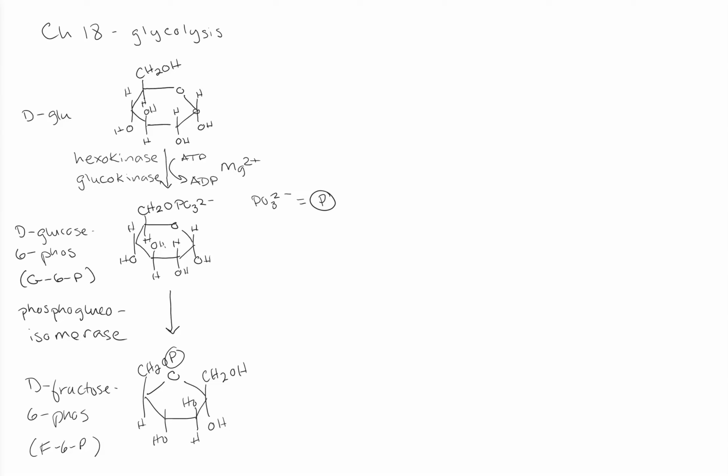And without getting into too much detail here, what I do want you to see is the symmetry of the glucose versus the fructose ring. You'll see right away, now that we've reorganized the structure, that we have a bit of a pseudo-plane of symmetry.